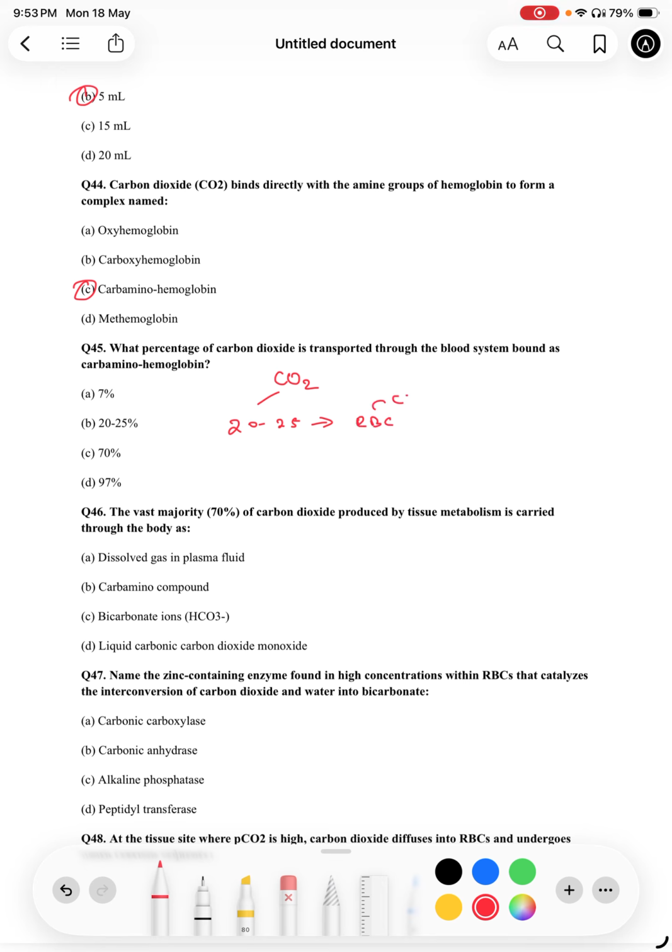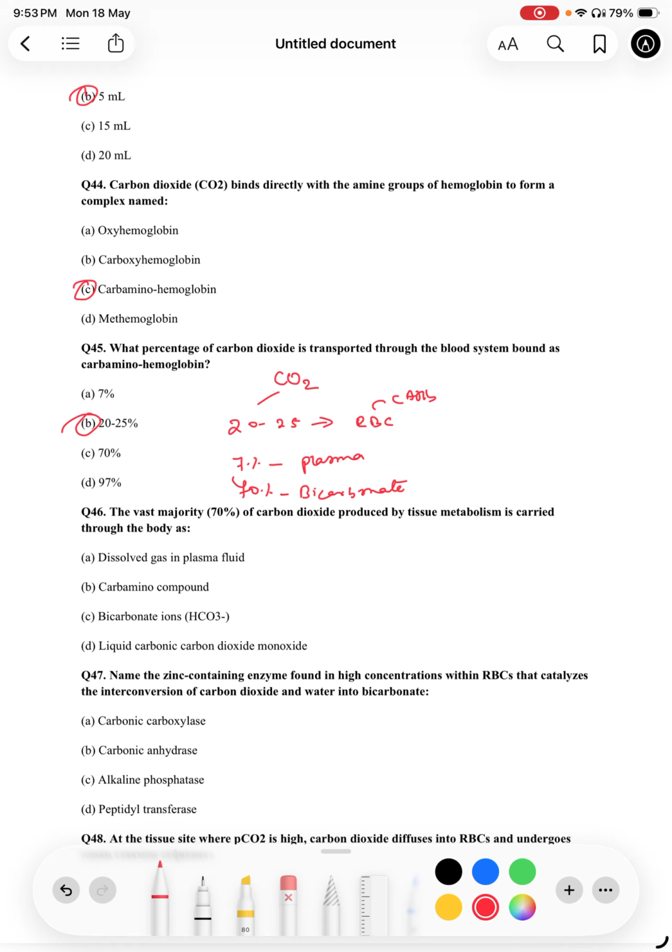Okay, 7% is dissolved directly in plasma, and 70% as bicarbonate ions. So obviously they are asking here about carbaminohemoglobin, so 20 to 25%.